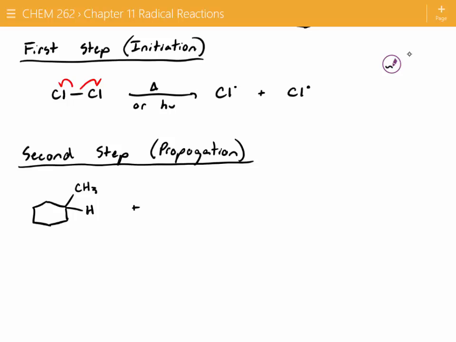And we formed our chlorine radical. What we can do is have a hydrogen abstraction, which we saw on our last slide. So this chlorine will give its electron, this covalent bond will give an electron, and then the other electron will get dumped down to that adjacent carbon.